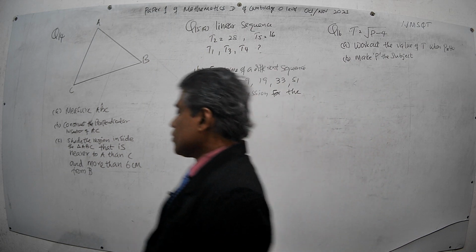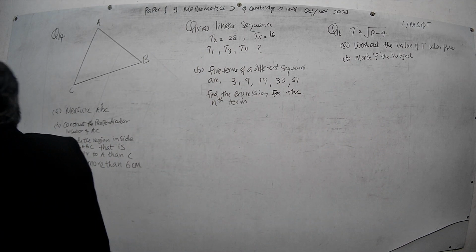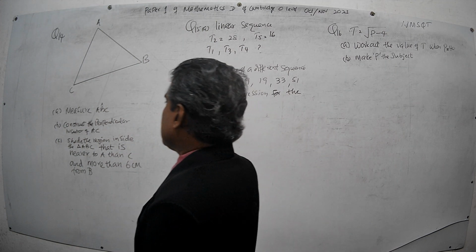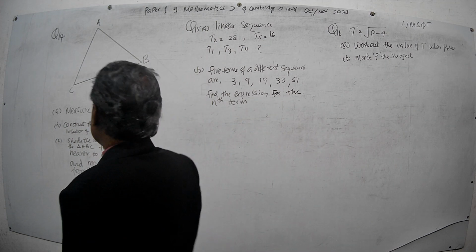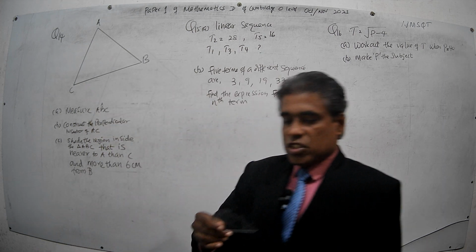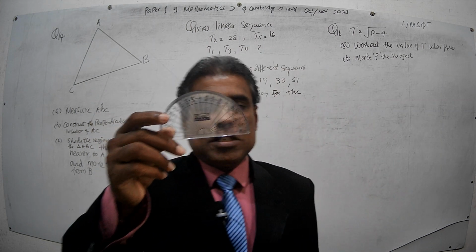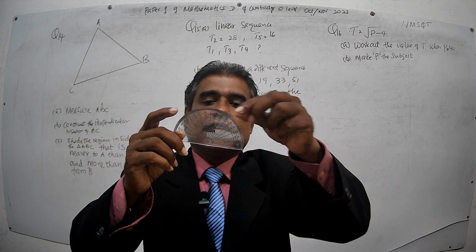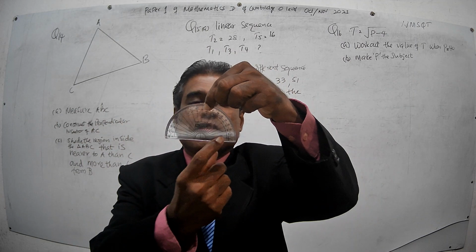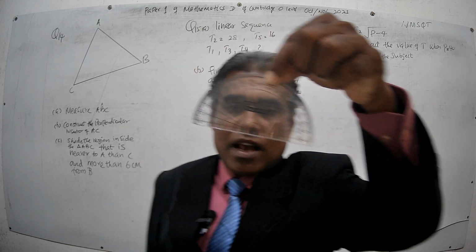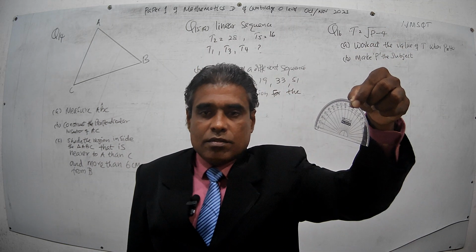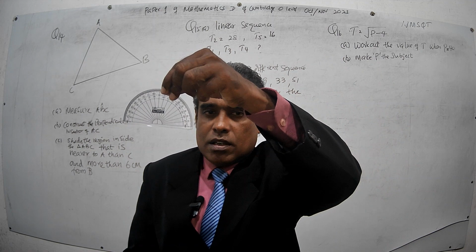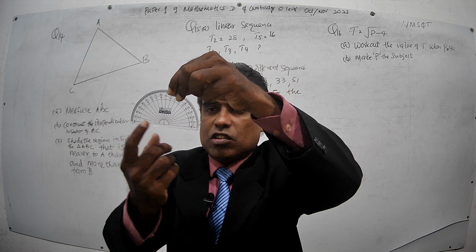Question 14. Now question 14, they have given a triangle ABC, and they ask you to measure angle ABC. Angle ABC you measure by the protractor. When you measure an angle, this is the baseline, this horizontal line.